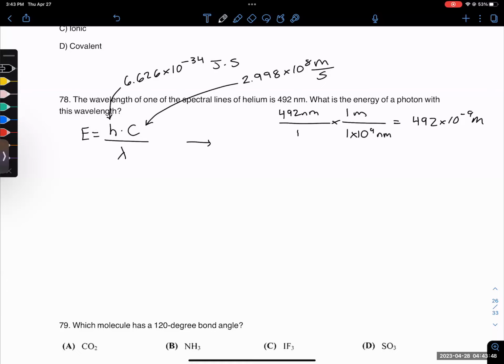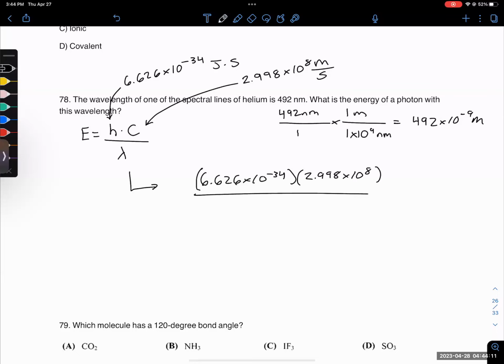So if we just plug all that into this wonderful equation, that's gonna give you your 100 on the exam. It's 0.626 times 10 to the negative 33. Can someone do this on their calculator while I'm doing this? 2.998 times 10 to the 8 divided by 492 times 10 to the minus 9.